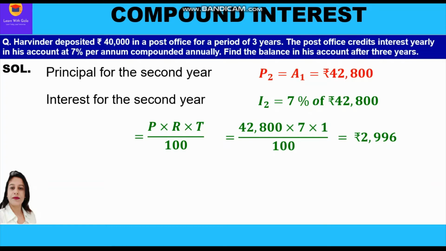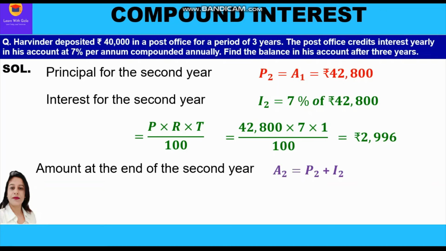This is our interest for the second year. Now we shall calculate the amount of the second year, which is the sum of the principal of the second year and the interest of the second year. So 42,800 plus 2,996 is equal to 45,796. So this is the amount we have calculated for the second year.